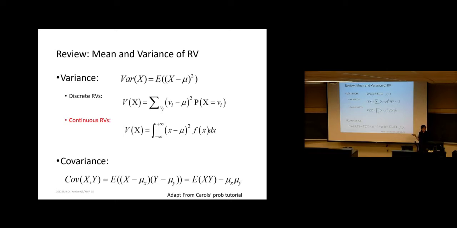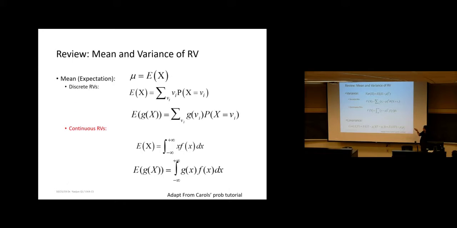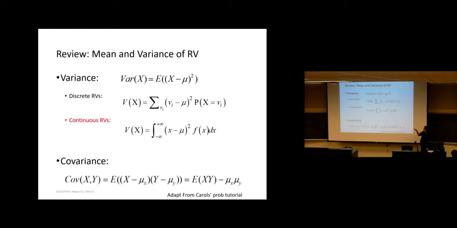And very importantly, another statistic is the variance of a random variable. Variance of a random variable in the end is just E[(x minus mu) squared]. In the discrete case, you replace (x minus mu) squared with that g function, and then you sum over all the possible values, which is the v_i.